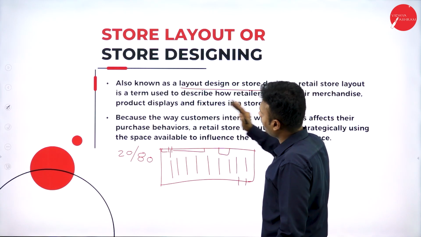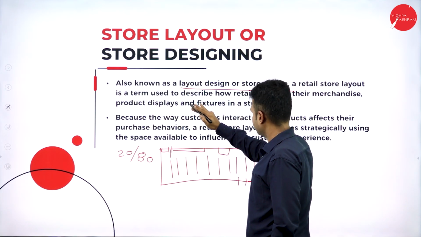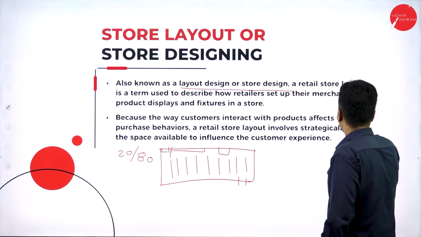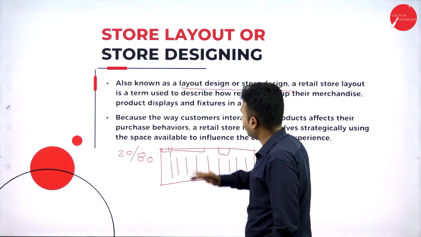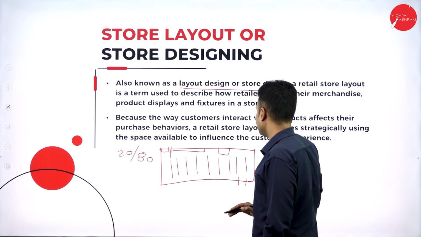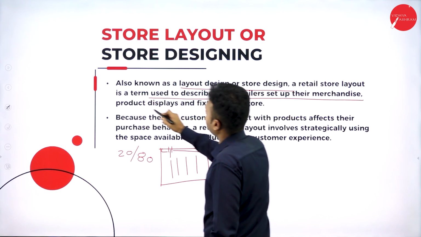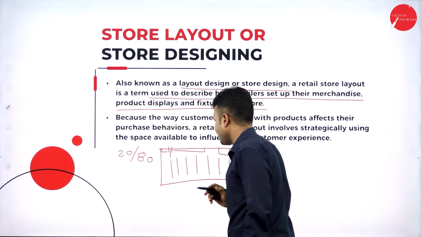A retail store layout is a term used to describe how retailers set up their merchandise, product displays and fixtures in a store. So how they are going to place the merchandise, products or fixtures in the stores.